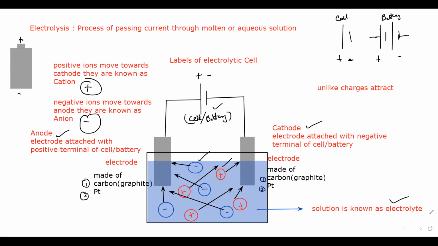The labels of an electrolytic cell. Positive ions are known as cations and negative ions are known as anions. Now, the working of the electrolytic cell. This is important to understand, how it works.